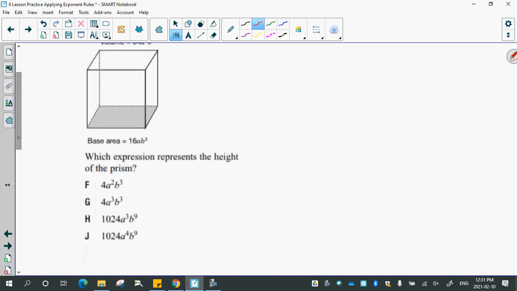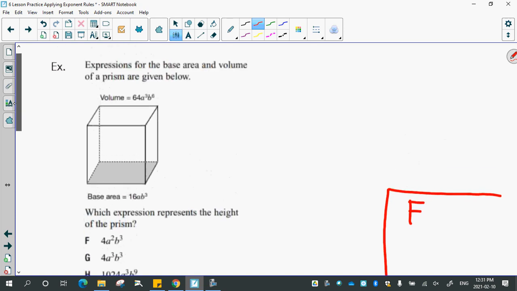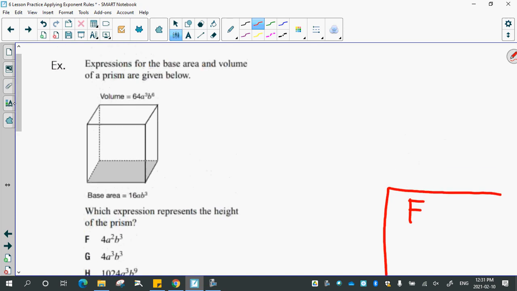Okay, I want to know F, G, H, or J. Anyone? What did they get? I got F. Did anyone get anything different from F? No? Okay, Vanessa, walk me through what you did. I divided 64 by 16. So you did height is volume divided by area of the base.